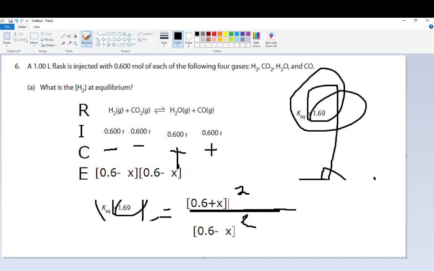And this 1.69 is just 1.69. Which means if I square root both sides, I get rid of this. And the square root of 1.69 is 1.3. So I get 1.3 is equal to this.